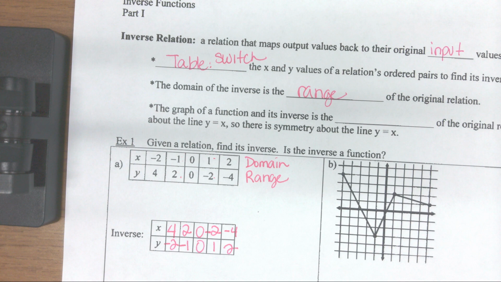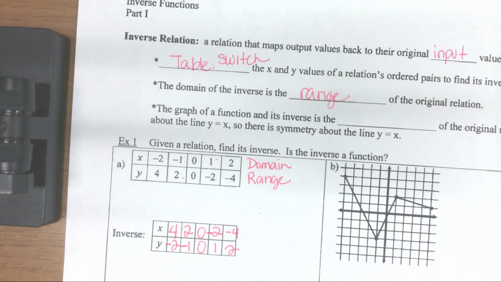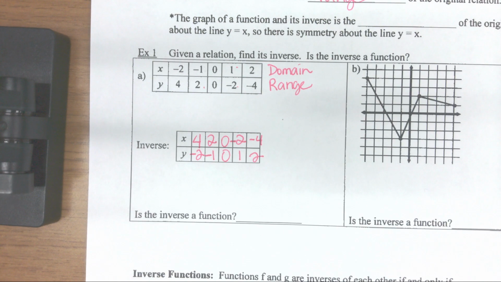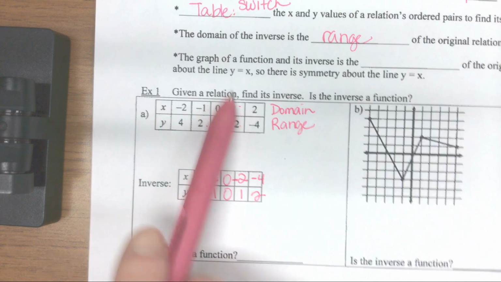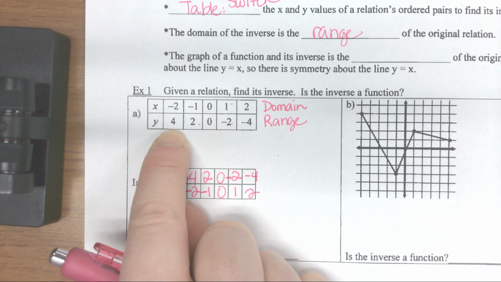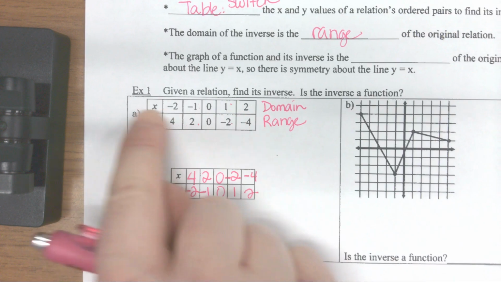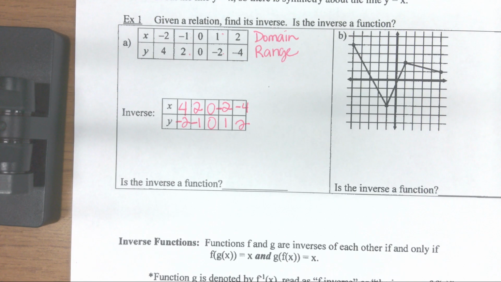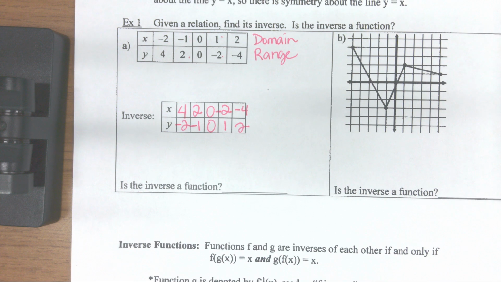I'll get to the graph part in a second. When we're dealing with functions, each input has exactly one output, and so this is a function. I have only one listed x value for -2. So the question I have for you is, we should always check, is the inverse also a function?